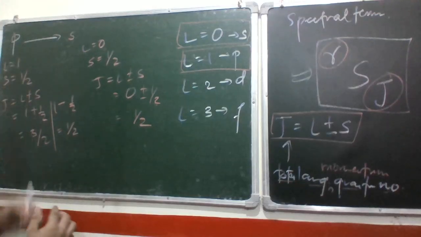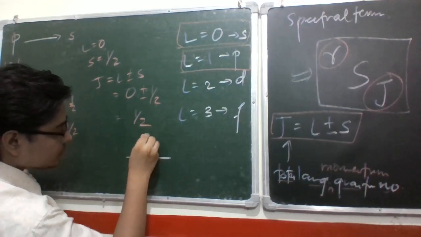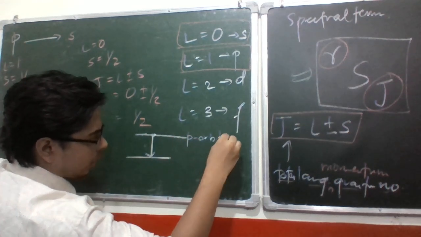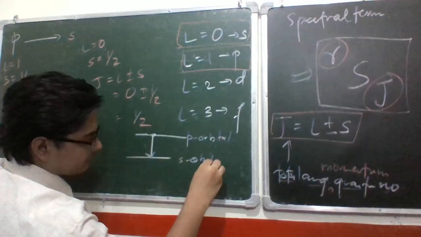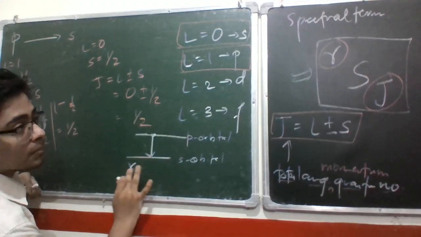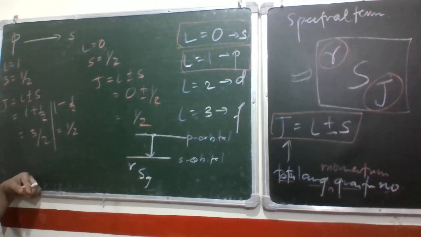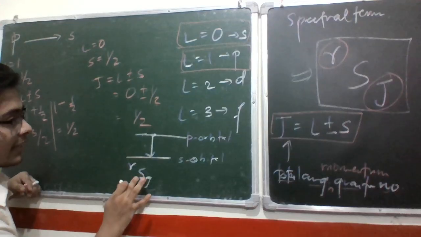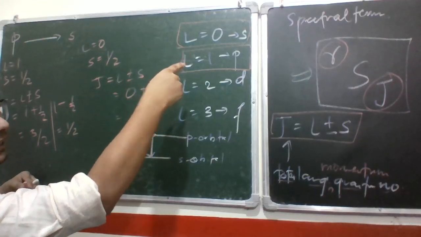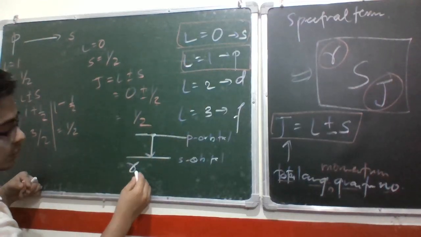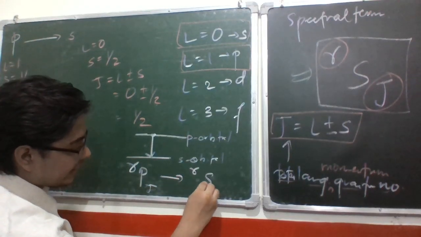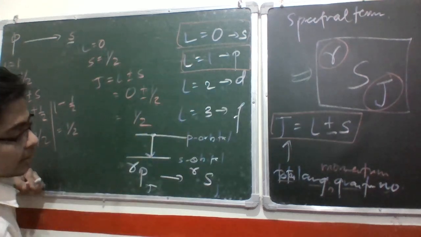So this spectral line, where an electron comes back from the p orbital to the s orbital, is represented as R, L, J, where R changes according to the value of S. Since it's a p orbital, we write p with its J, and then s.